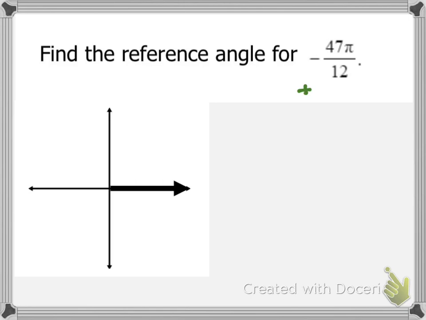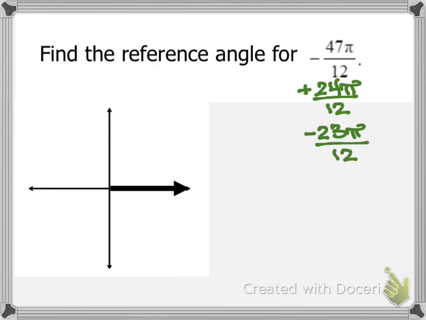So if this is in pi over 12, then 2 pi would be 24 pi over 12. So if we add that, we get a negative 23 pi over 12. That's what's left.